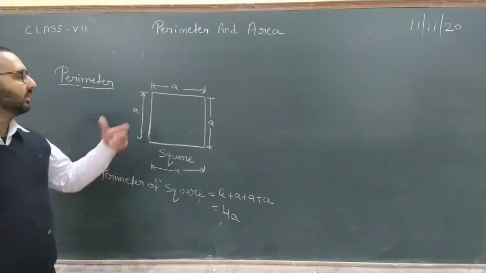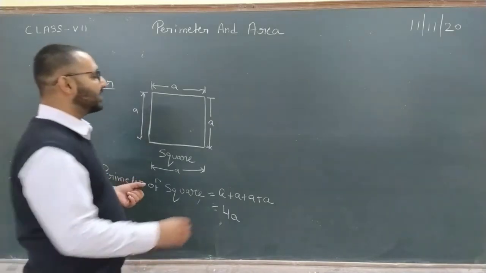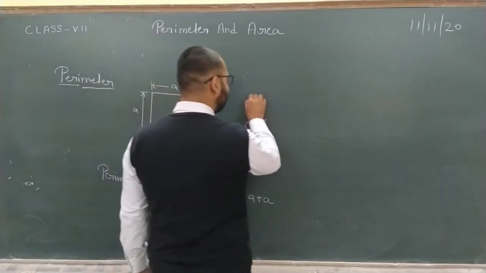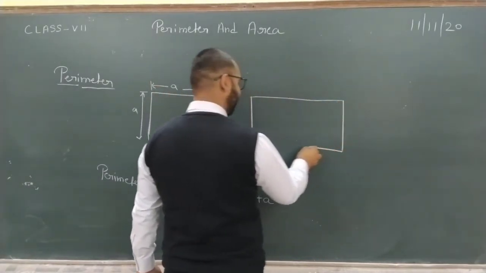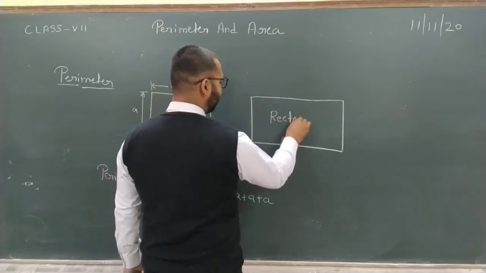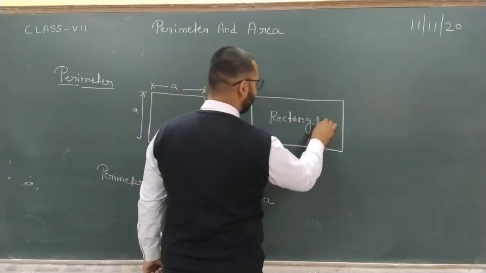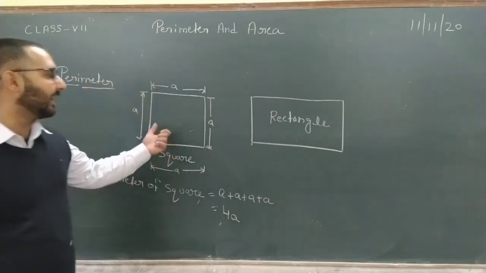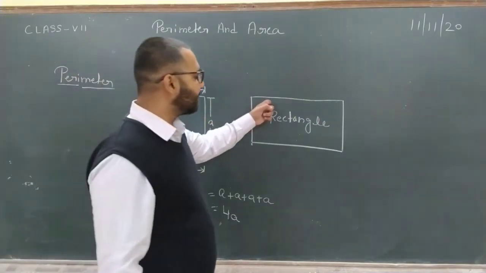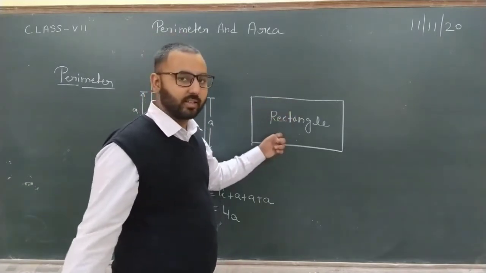The second shape we will discuss in this chapter is the rectangle. The difference between square and rectangle is, in a square all the sides are equal, but in the case of a rectangle opposite sides are equal.